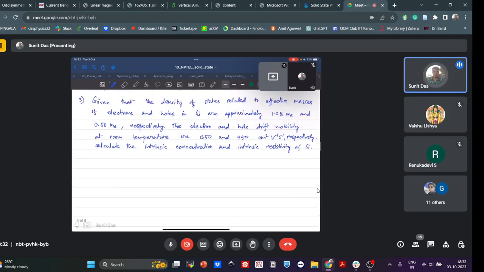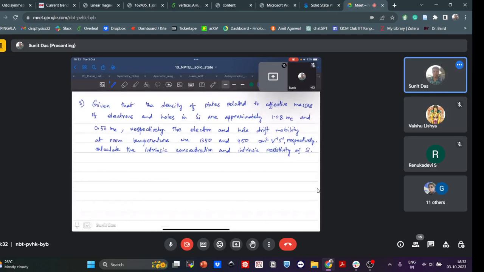Given that the effective density of states effective masses of electrons and holes in silicon are approximately 1.08 and 0.56 times the mass of electron me, and it is also given that electron and hole mobility at room temperature are 1350 and 450 centimeter square per volt per second.